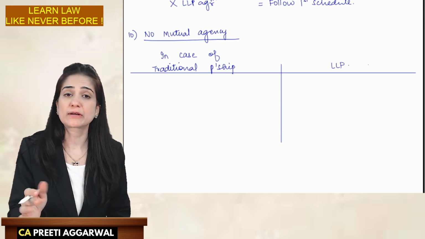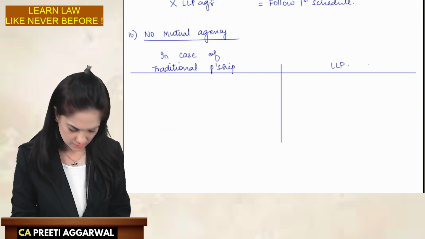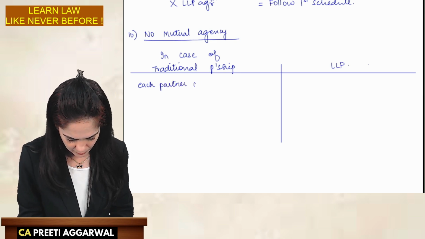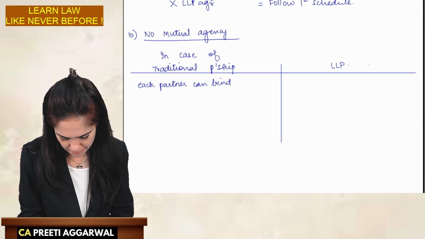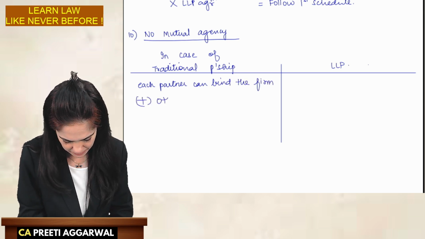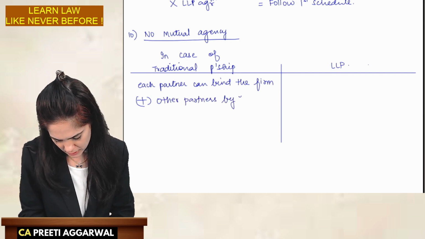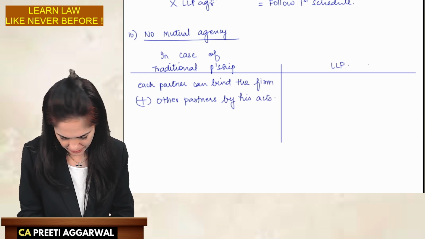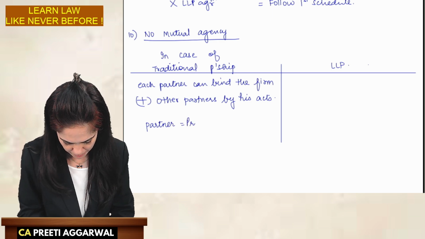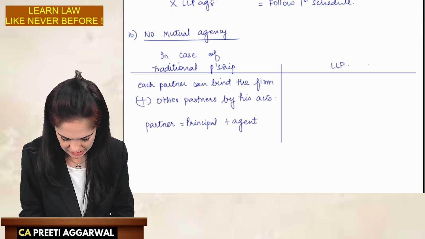So in case of traditional partnership, each partner can bind the firm as well as the other partners by his acts. So can I say that each partner is bound as well as he can bind? He is bound as well as he can bind. He is principal as well as agent.